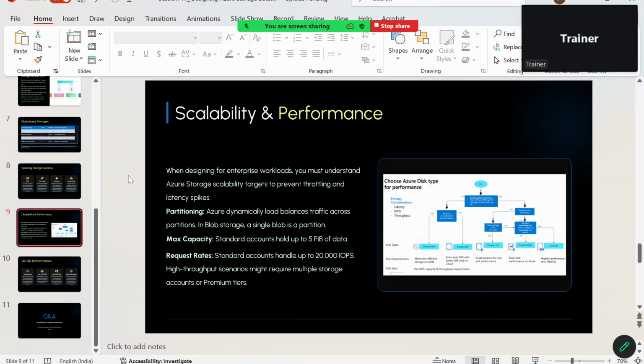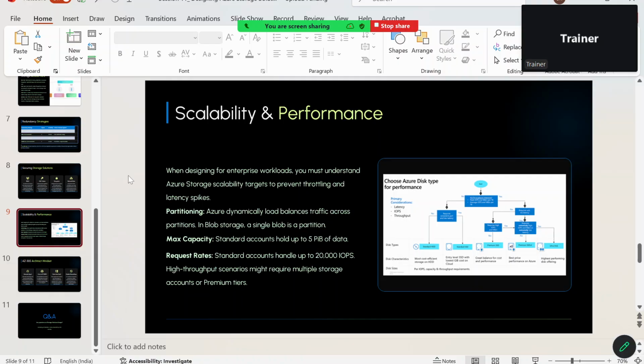Now we move to another important AZ-305 objective, which is designing storage performance and enterprise storage architectures. As a cloud architect, we must answer which disk type a VM should use, when Azure Files should be used, how storage should be secured, how performance should be optimized, and how an enterprise storage environment should be designed.